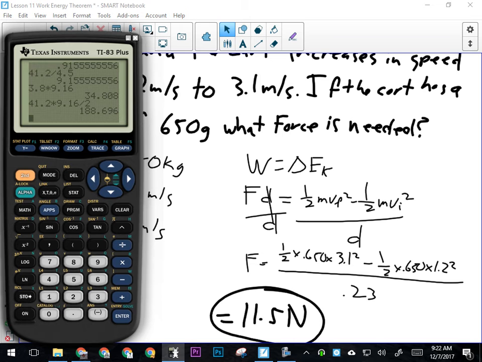So we go 0.5 times 0.650 times 3.1 squared, minus 0.5 times 0.65 times 1.2 squared. Divide that by 0.23. So we're going to need 11.5 newtons worth of force in order to make that happen. So that's how much force would be applied to the spring in order to compress it. Questions there?